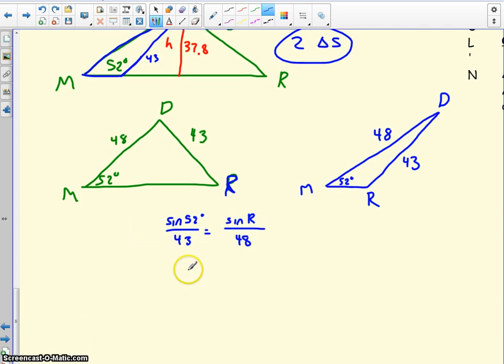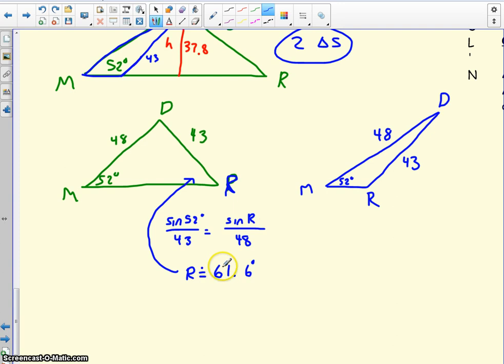Okay, so I'm going to run that through my calculator and solve for R. And the angle that my calculator is going to give me is 61.6 degrees. Now, again, we know the calculator is going to give you an acute angle. So what this is giving you is the angle inside this triangle right here. But we know we're smarter than our calculators, we know that there's two possible triangles.